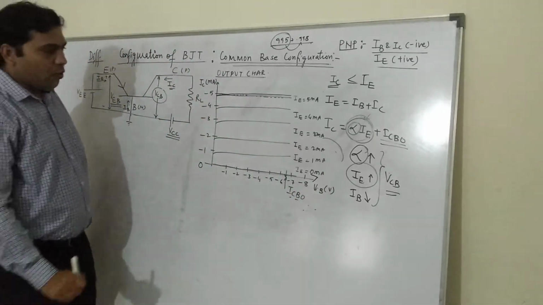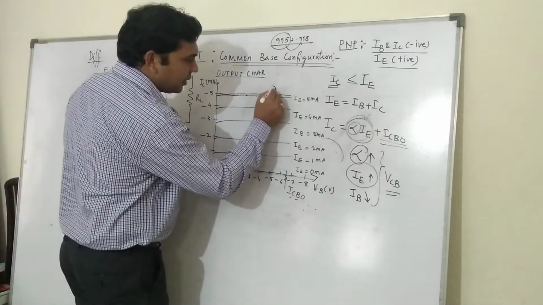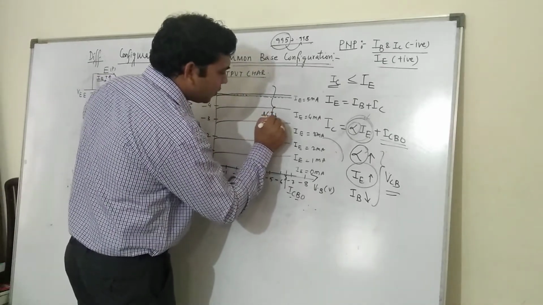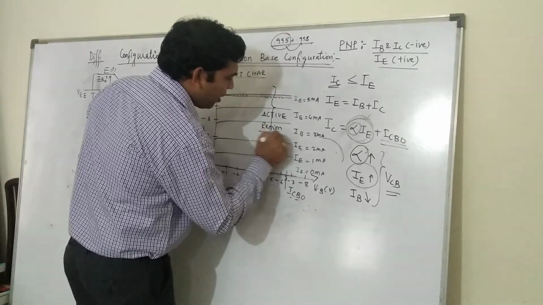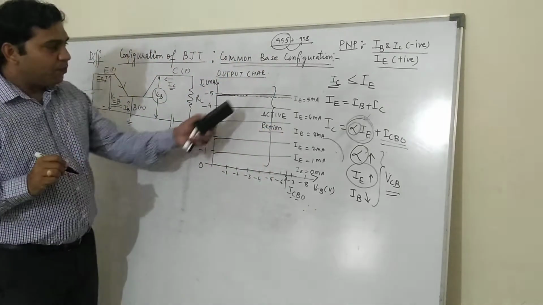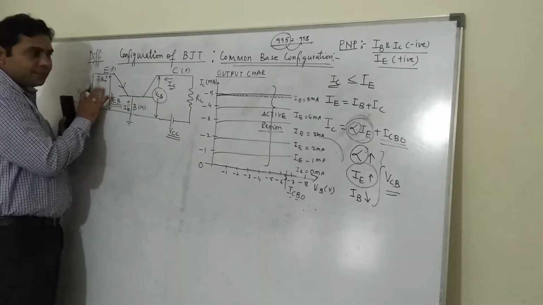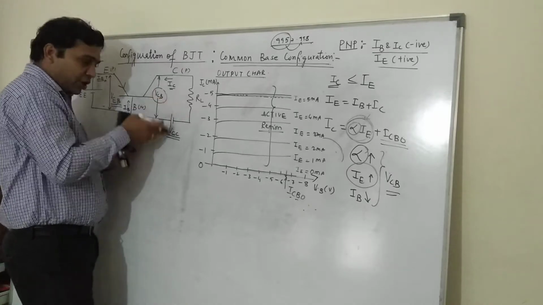Now this region is known as the active region of the transistor, because in this region the emitter base junction is in forward bias as we have kept it, and the collector base junction is in reverse bias as we have kept it.